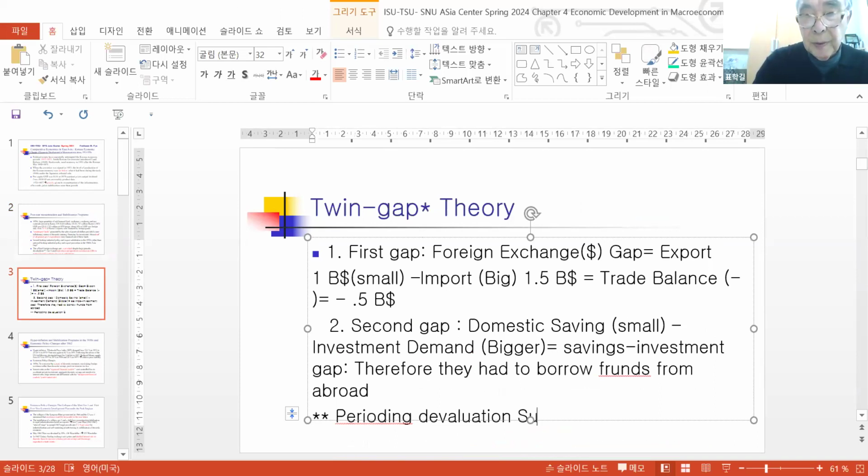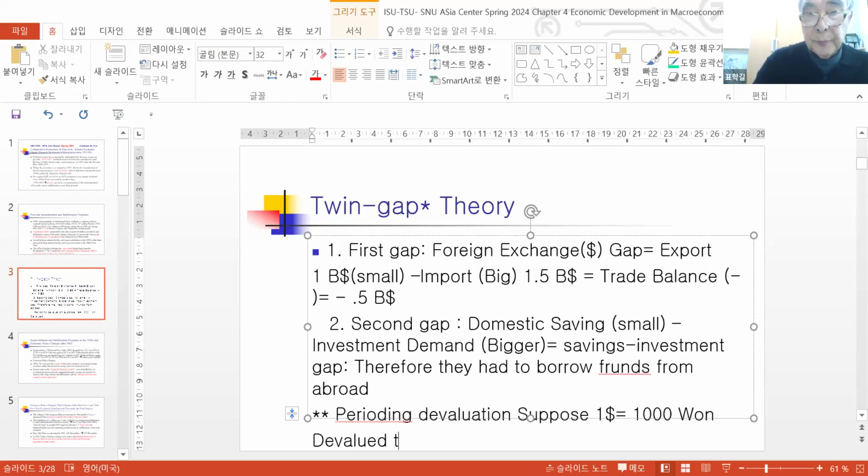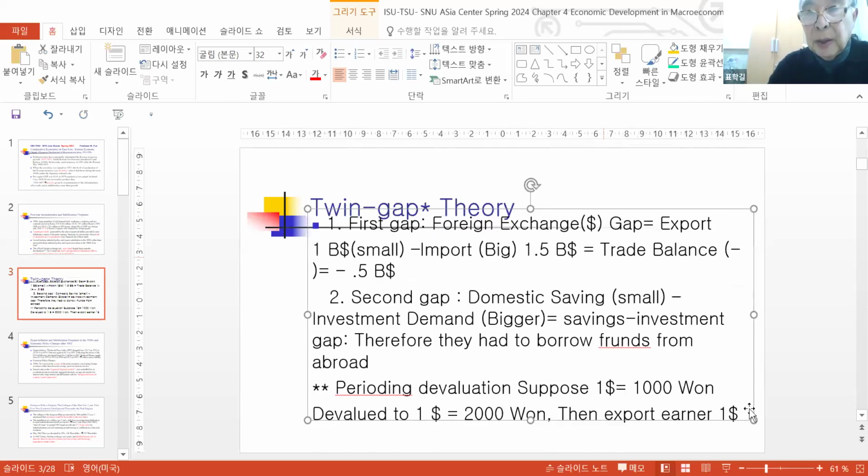Suppose $1 was traded at 1,000 won, but devalued to $1 equals 2,000 won. Then, suppose an exporter exported $1 worth of goods to Japan, and you go to the bank.